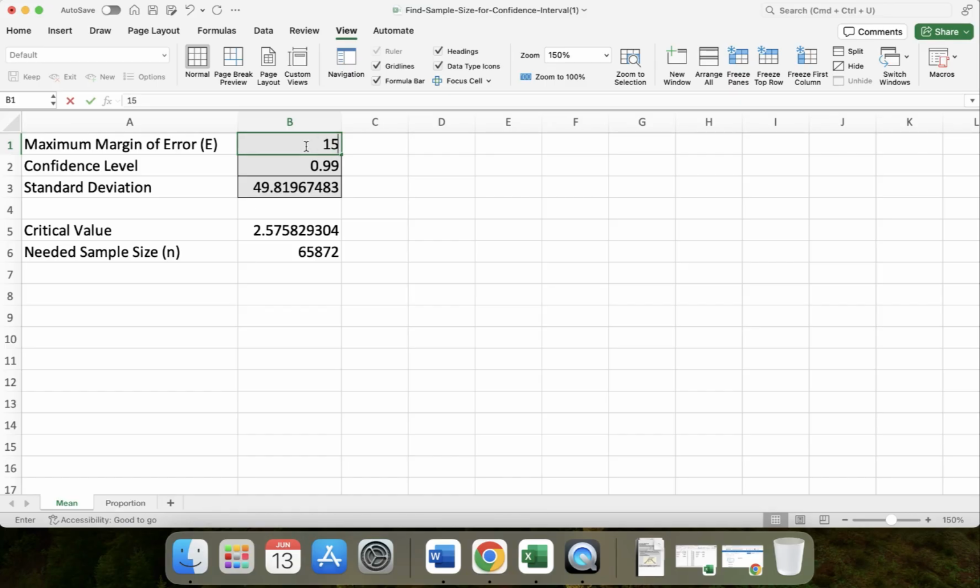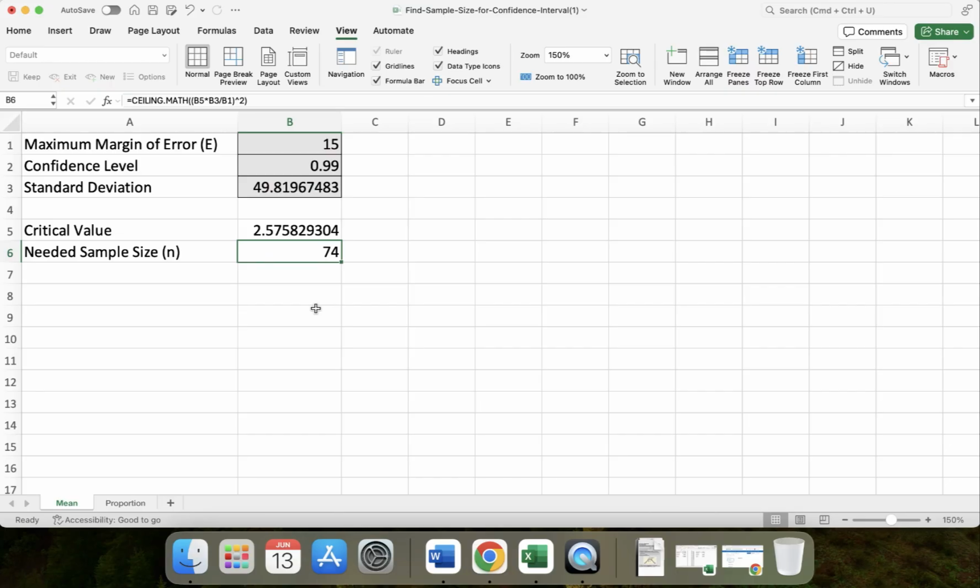And the other things I fill in, 15 minutes for this one and 99%, keep that the same. And it calculates for us right away. It gives us 74. This one down here is the sample size that we would need.